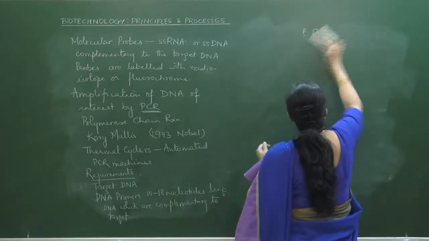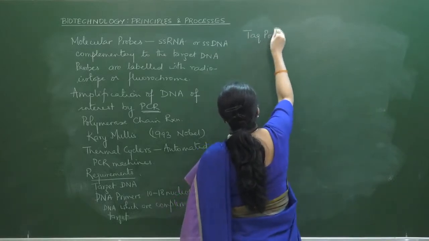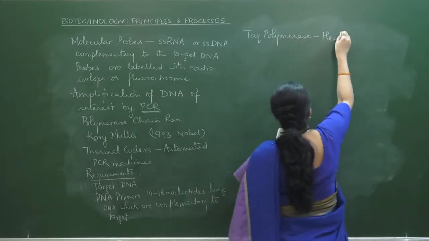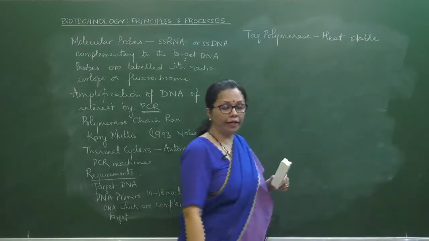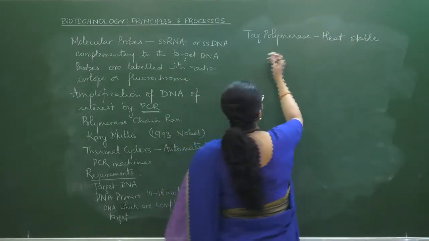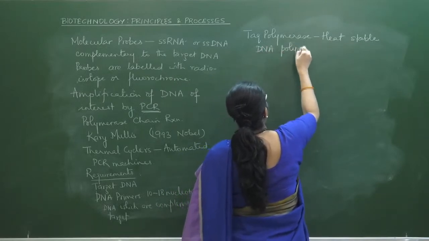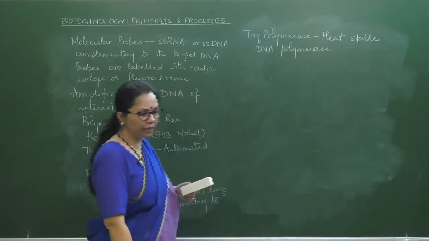Then next thing that is required is the DNA polymerase. Taq polymerase, which is a heat stable DNA polymerase, so it doesn't denature at high temperature. This has been found from a hot spring bacteria, Thermus aquaticus.